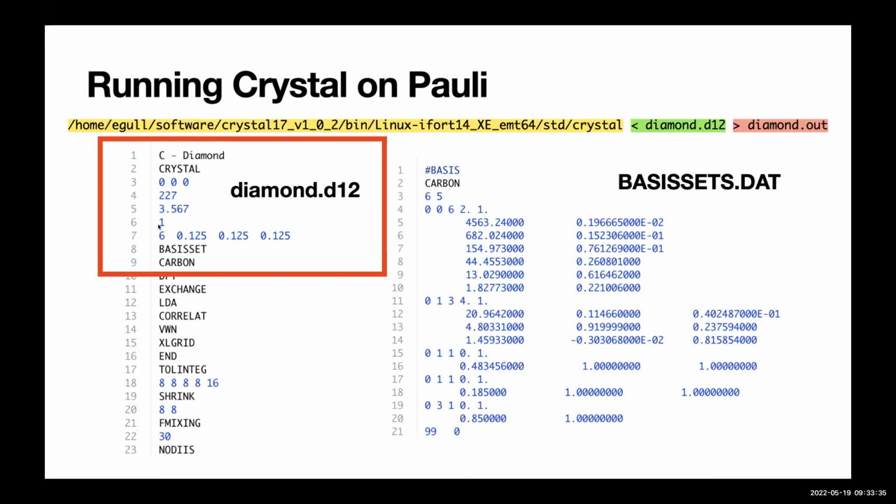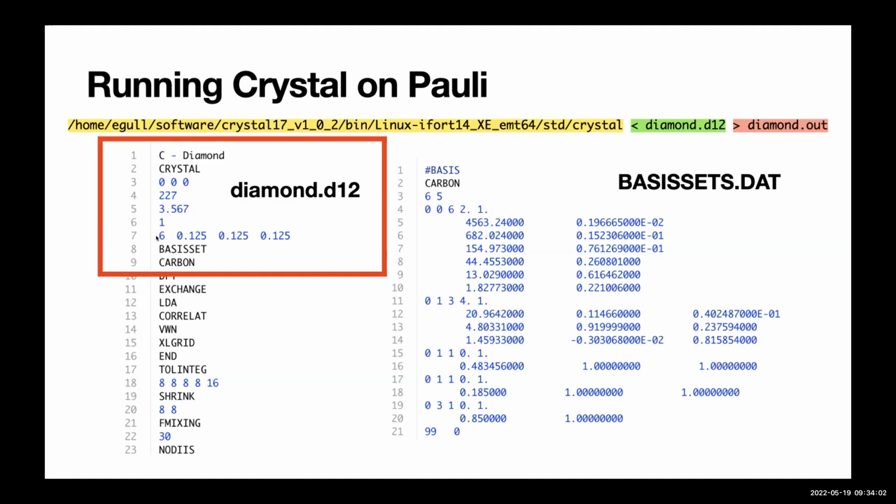Going to line 6, you have to input the number of atoms in the asymmetric unit cell, the reduced unit cell. And in line 7, you are entering the corresponding information. In line 6, we say we only have 1 atom. So in line 7, we are inputting the information for that specific atom.